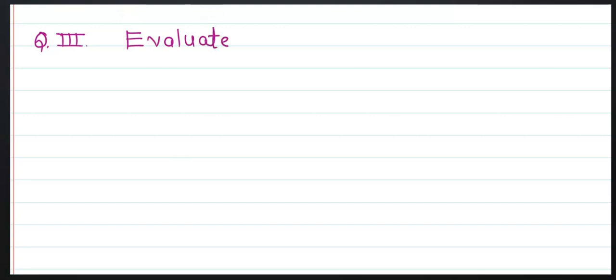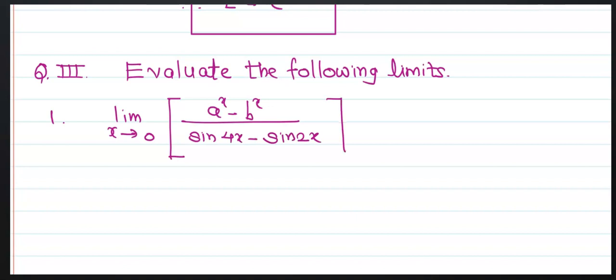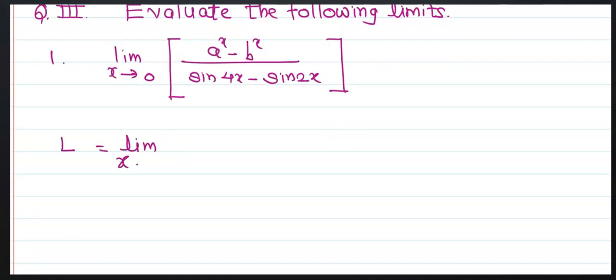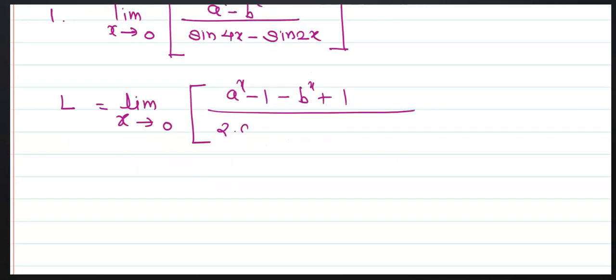Question number 3. Evaluate the following limits. Limit x tends to 0, a raised to x minus b raised to x upon sine of 4x minus sine of 2x. Limit x tends to 0, a raised to x minus 1 minus b raised to x plus 1.